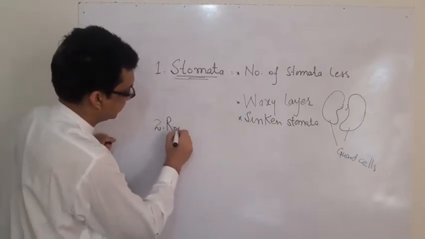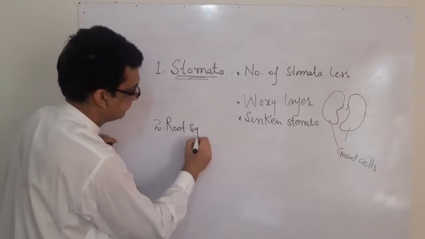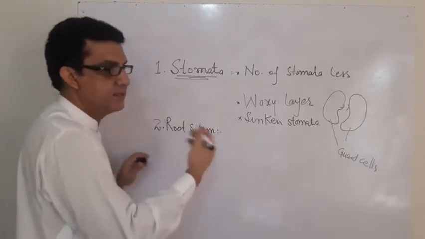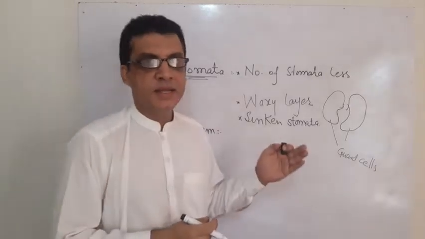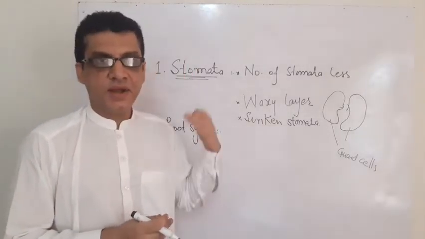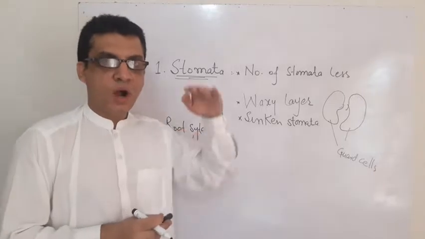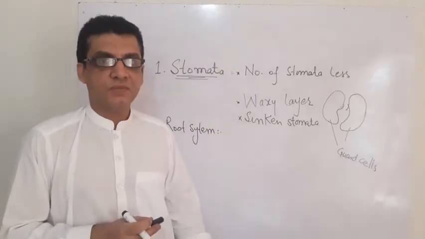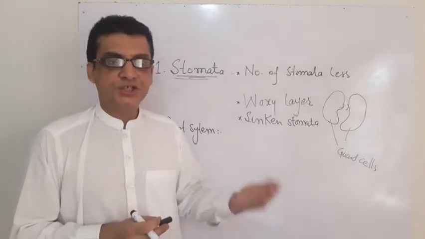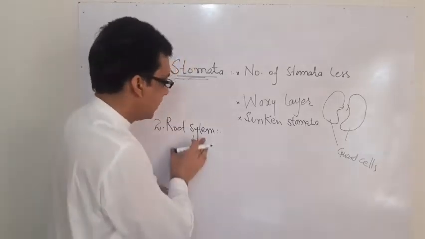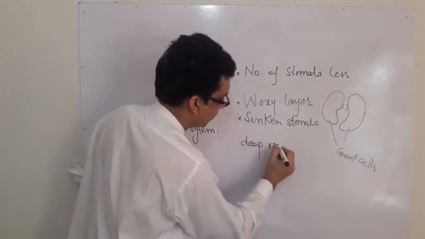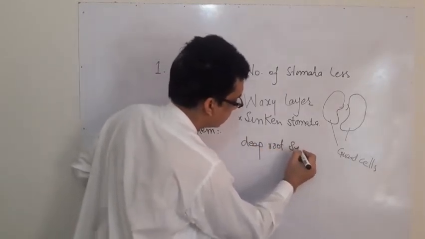Root system. In desert, in such an area, there are dry places, a dry habitat. So the water table is very deep, not shallow. So their roots form a deep root system.